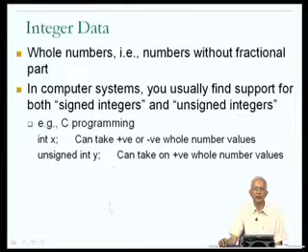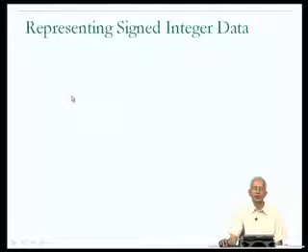For example, if I had to represent the value 6, I could represent it using 1, 1, 0, and you would have learned about the binary number system even in high school these days. But the question of how to represent signed integers is not as obvious. Therefore, we probably need to spend a little bit of time talking about how signed integers are represented in a digital computer system, which is why we'll do that next.